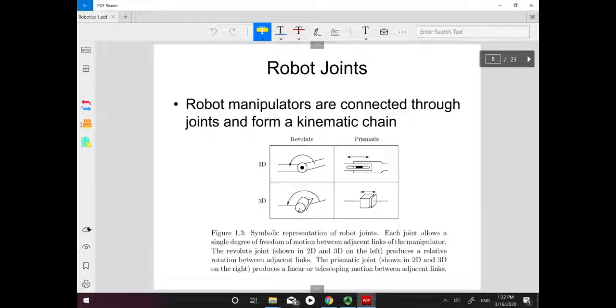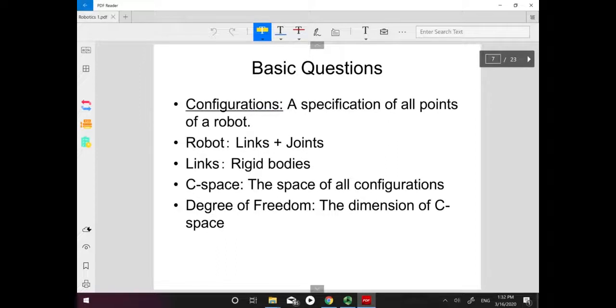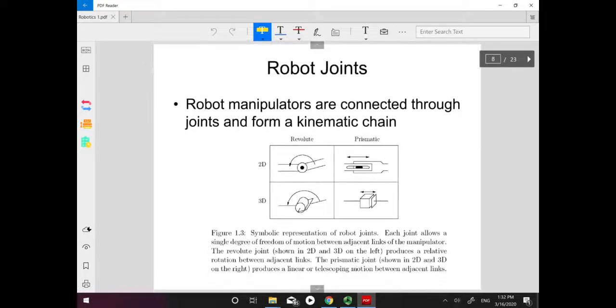Okay, so let's talk about these key concepts one by one. The first one, the basic element of robots, is the joints. We talked about joints in our previous class, 3400, and different types of joints. In robot manipulators, the common joints are the revolute joint and the prismatic joint.